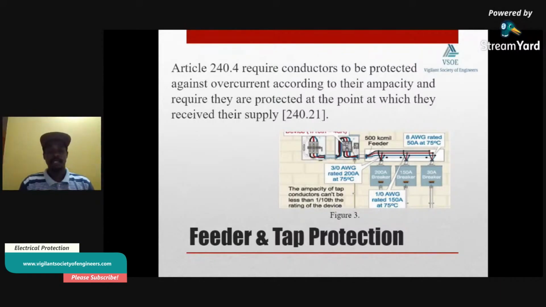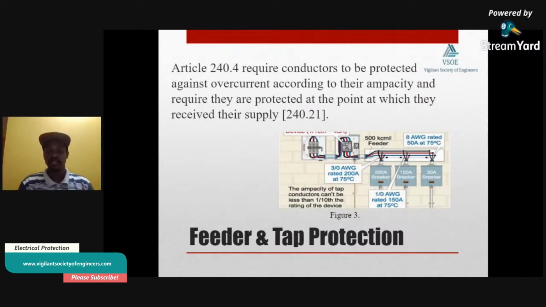Sometimes we may have a disconnect situation coming from a feeder going to various breakers, or going out into the distribution network. So the ampacity of the tap conductor cannot be less than 1/10 of the rating of the main device or the feeder protection.